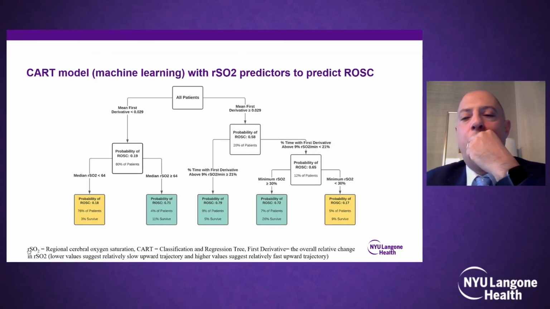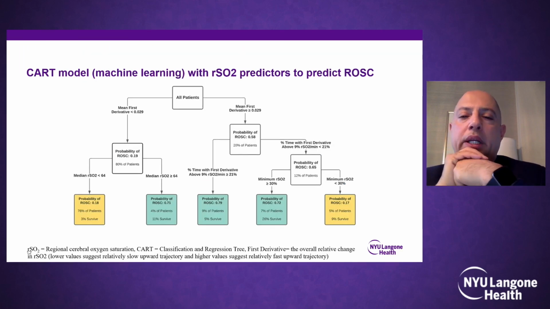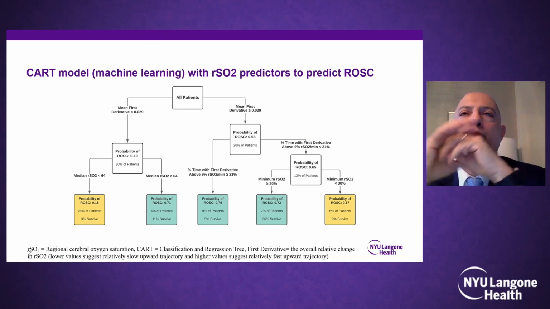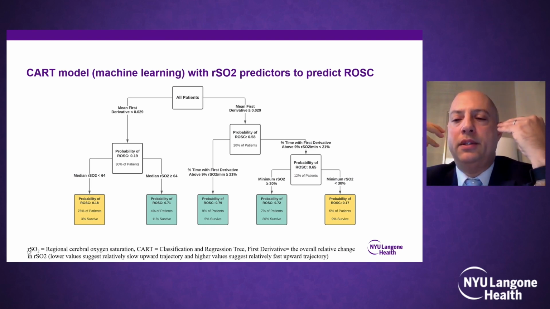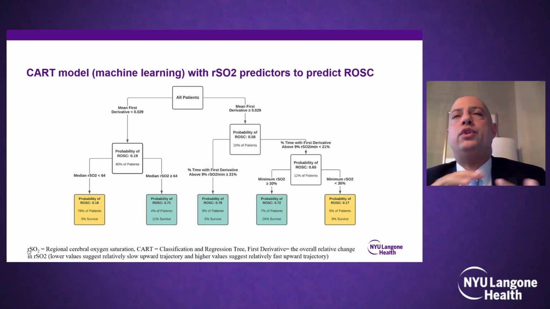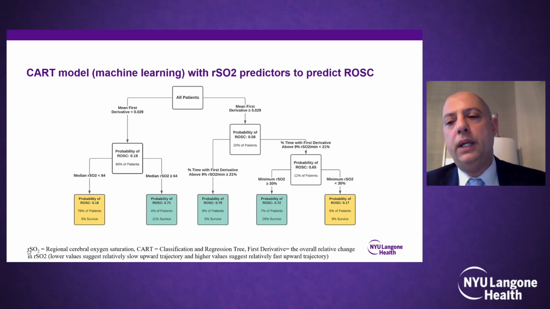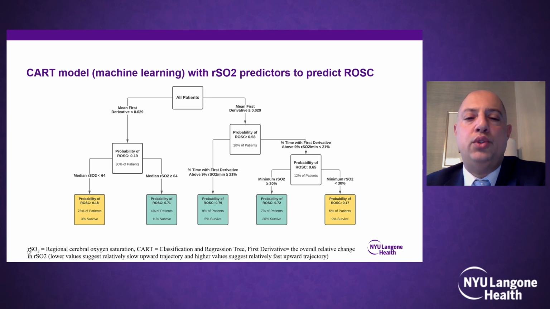And then I just want to point out very quickly that these kinds of data can now be used with machine learning algorithms where you can put in all kinds of patient variables, age, demographics, different physiological parameters, and different trends of the physiological parameters that are going on to see whether you can create a better predictive system. And as you do that, what we found is that what stands out, in spite of hundreds of data points that go in there, is the overall, what's called the mean first derivative.